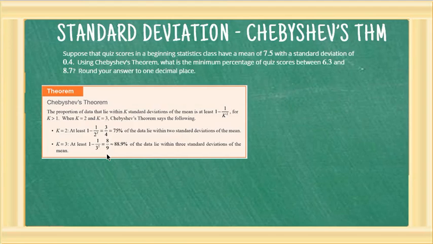If everything is spread out so it doesn't even look like a bell curve, and the scores on the test are, say, someone got 2%, someone got 3%, 5%, with just no pattern to the scores at all, you still have to have at the very least 88.9% within plus or minus 3 deviations, okay?